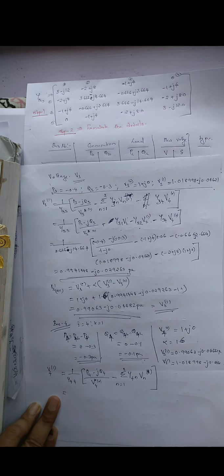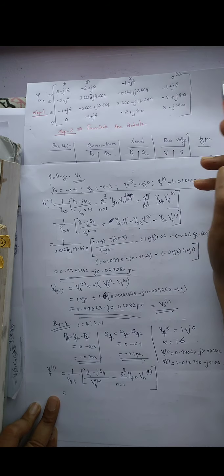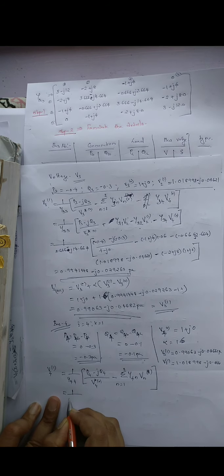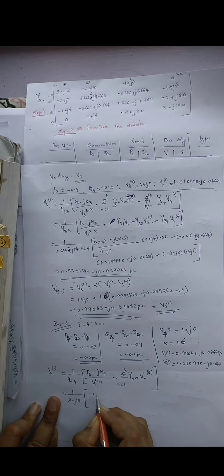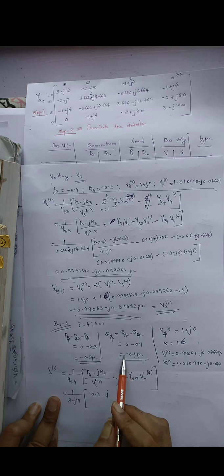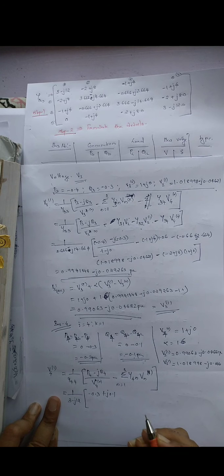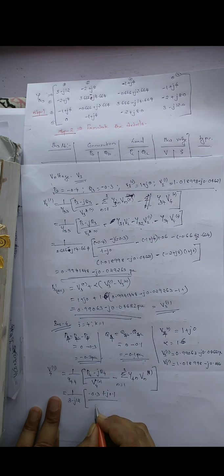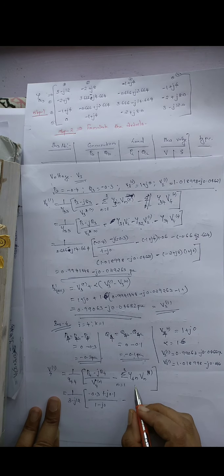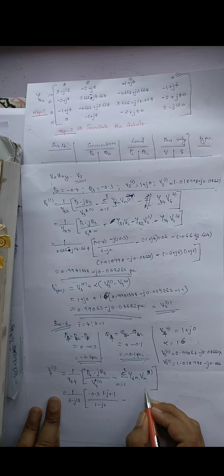So I am rewriting it as 1 by y44, which is 3 minus j12. 1 divided by 3 minus j12 into P4, which is minus 0.3, minus j, it is minus 0.1. So I am again rewriting it as 0.1 divided by 1 minus j0 minus y41. So y41 value is 0, so I don't have to write this value.